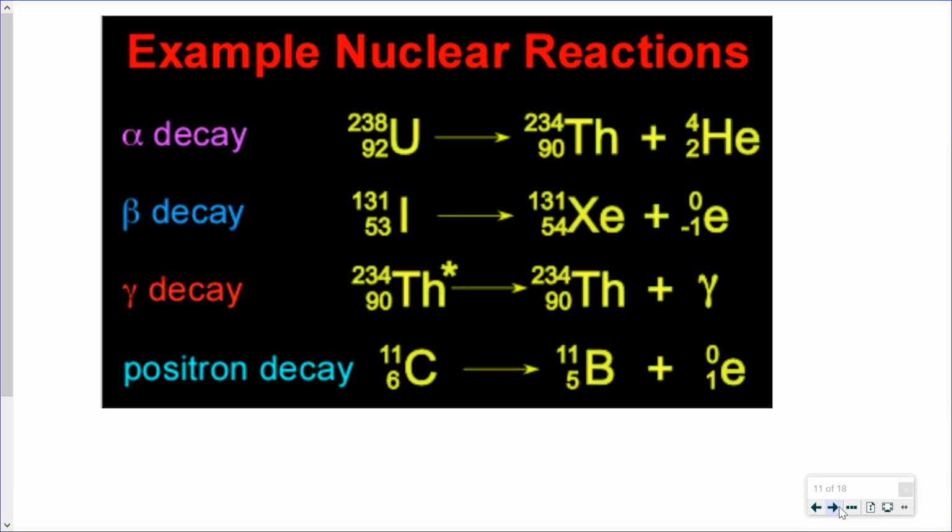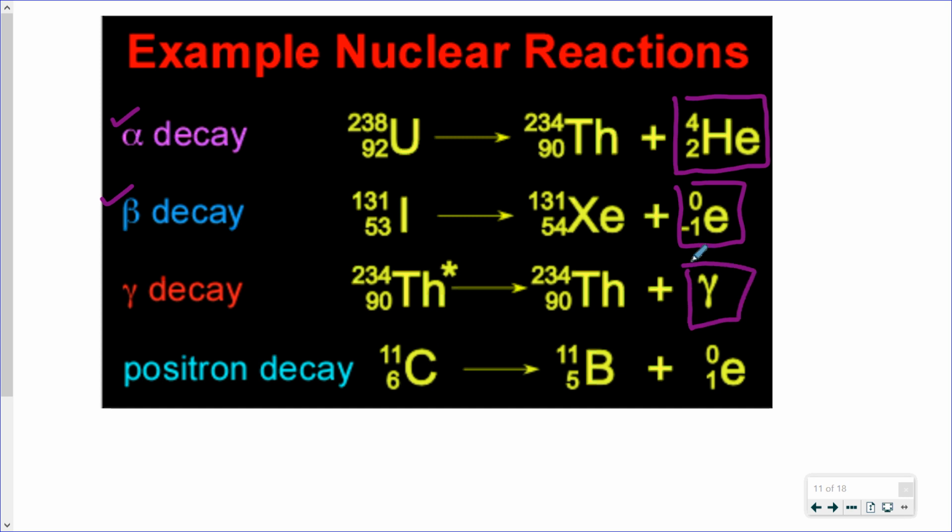So finally, I'll just show you these three different, and then one other one it has at the bottom here, and then I'll go back to the data booklet for a minute. So alpha decay, you should be able to take a look at any of these and identify which one is which, simply by taking a look at what you get. This here is the alpha particle, it's alpha decay. This is the beta particle, it's beta decay.